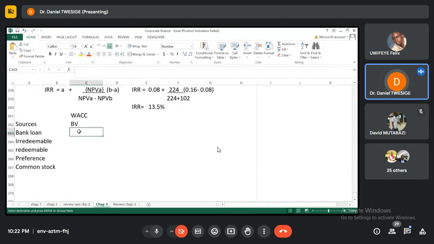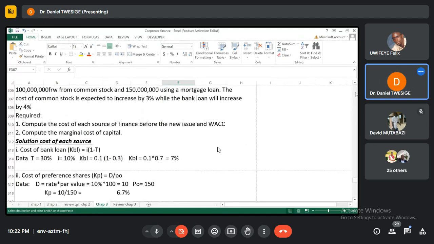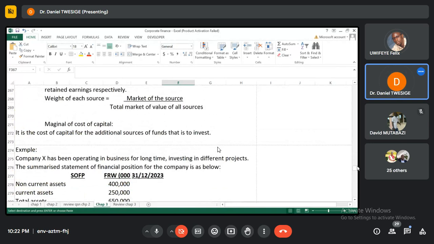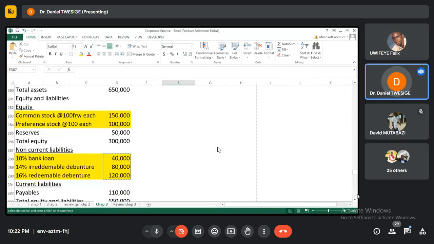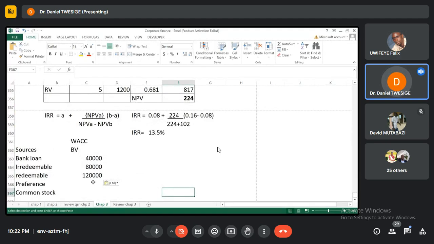If I want to make it more understandable, I can copy my preference. My preference is 100, the other one is 150. If I want to simplify, what is the par value?